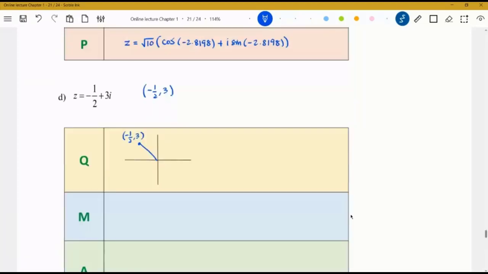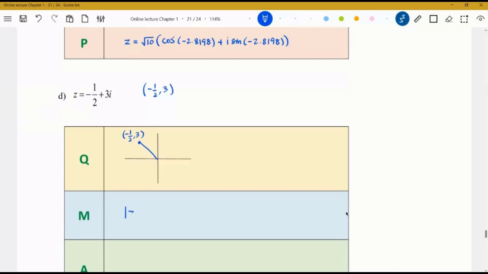Finding the modulus: square root of negative half square plus 3 square. Simplify inside the square root, we end up with square root of 37 over 4. We can simplify it to square root of 37 over 2.